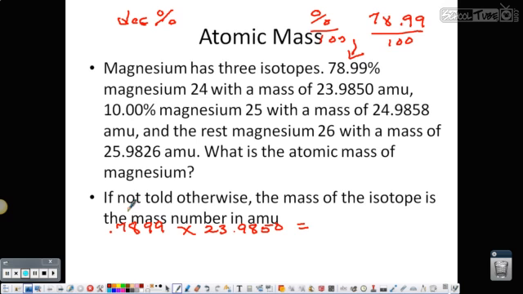So we do the decimal percent times the mass. Now the mass is in AMUs, so we need to say AMUs here.